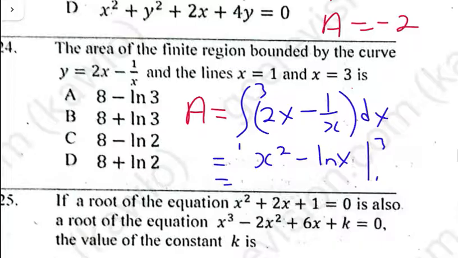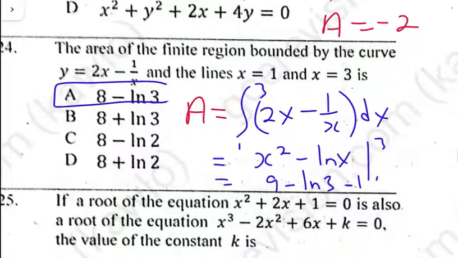When x equals 3, we have 9 minus ln 3, and when x equals 1, minus 1. That's going to give us 8 minus ln 3, which is A.